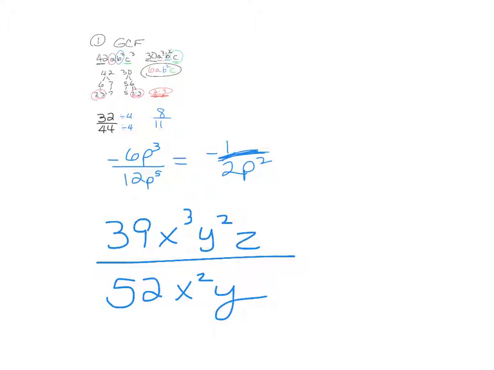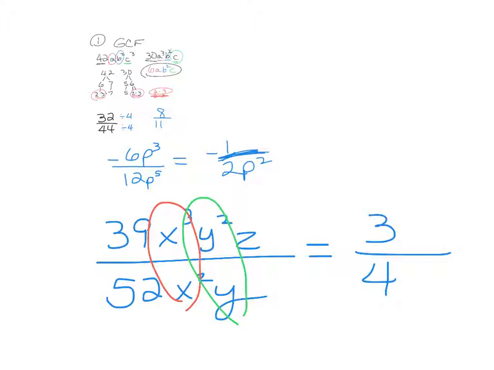I can divide them both by 13, and that'll give me 3 over 4. And now I'm going to simplify the x's, simplify the y's, and nothing, so the z is just going to stay. So I'll subtract the x's, and I get an x to the first. Subtract the y's, and I get a y to the first. And then there's nothing to subtract with the z, so I just write it in the top.